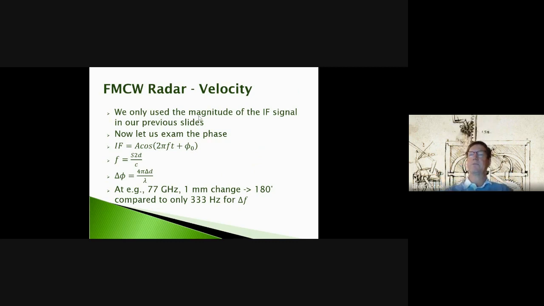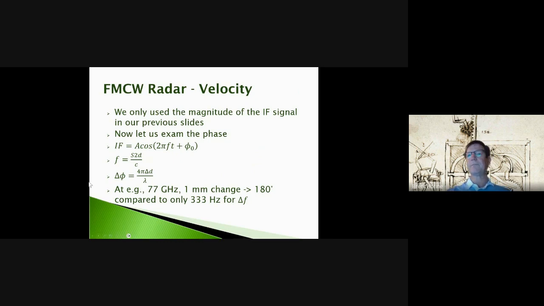A lot of times we just take the absolute value of that, and often take log base 10 and then multiply by 20 to convert everything to dB. We're throwing away phase when we do that. But let's now examine, is there anything we can do with the phase?